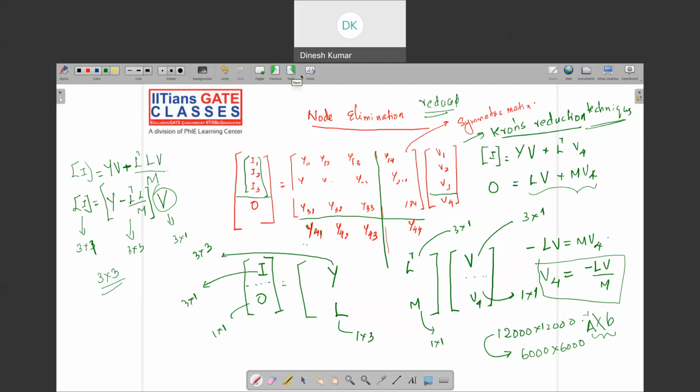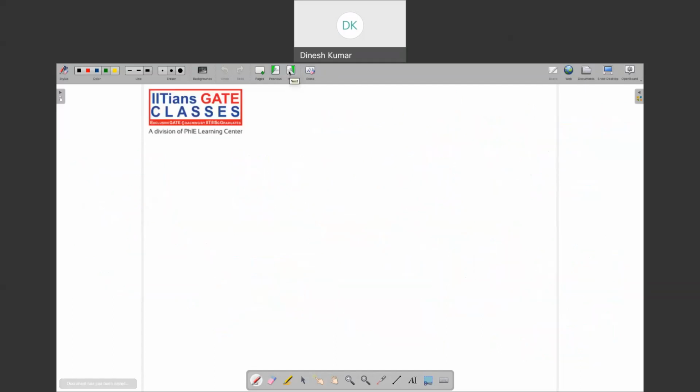Now we can do a small example. So we have a 4-bus system. Similarly, we substitute the values of all the buses which we have given here. Okay, something like this. 9.8.